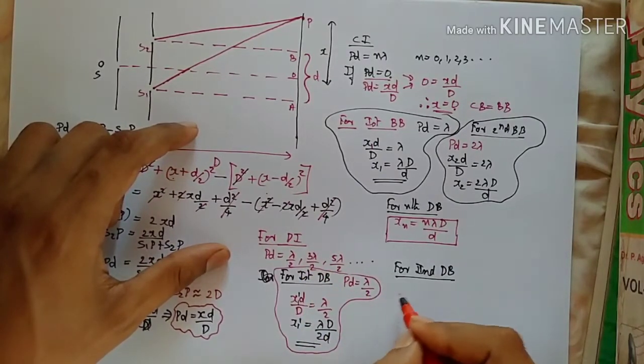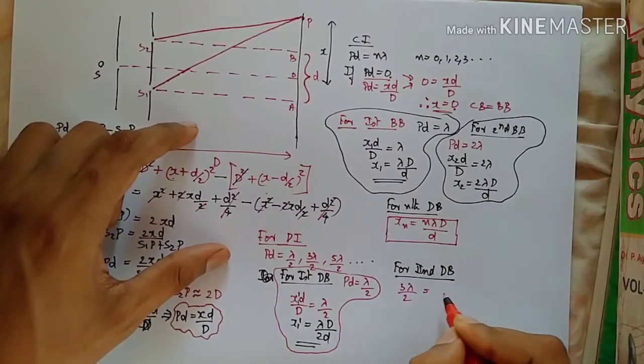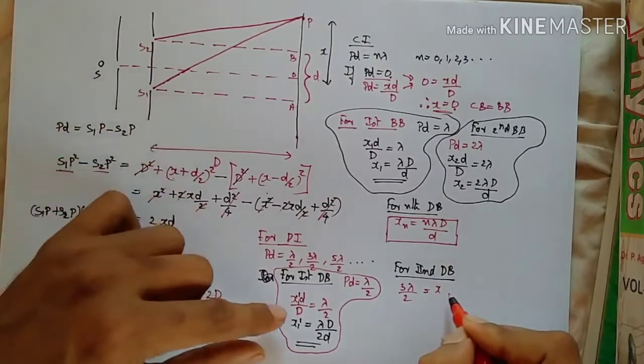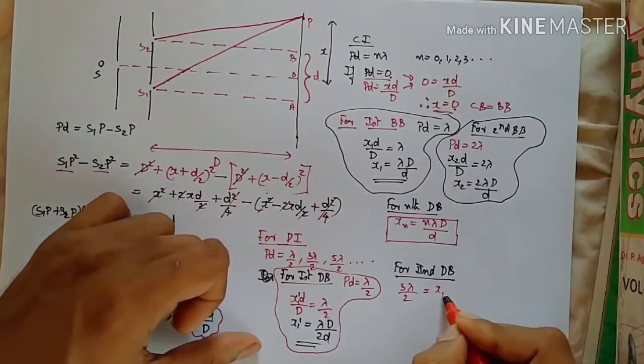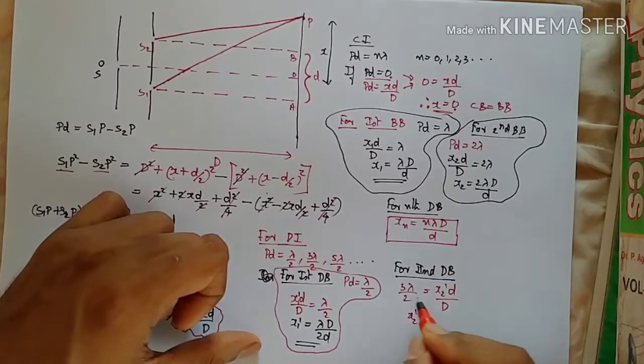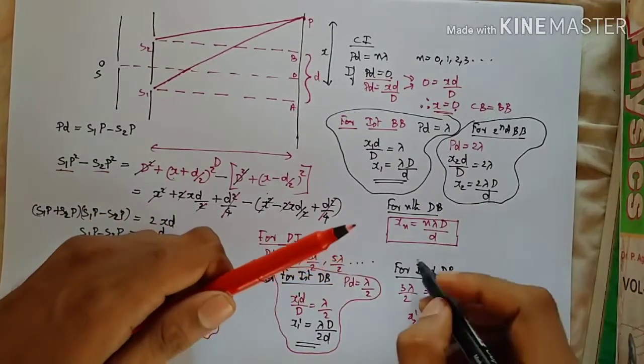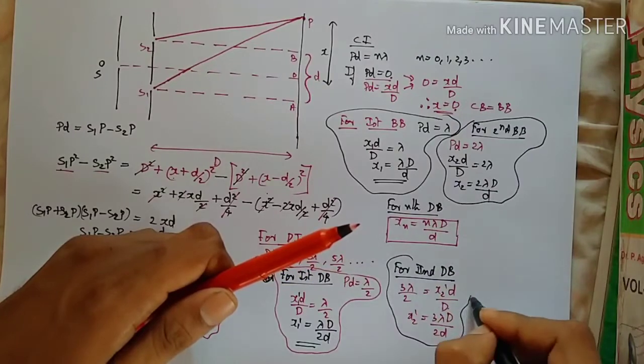Then it should be 3 lambda by 2 is equal to x, and it's x2 dash over here, so we write x2 dash d by D. Then x2 dash is equal to 3 lambda capital D divided by 2d. And this is our simplification for the second dark band.